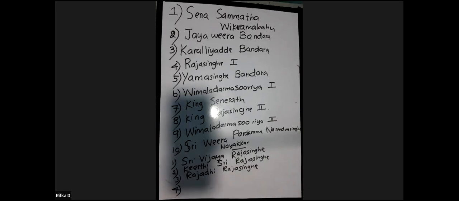And the last king of Sri Lanka, who? Yes, Kannasamy, in the name of Sri Vikrama Rajasinha. So we learned the whole ruling period, from how King Sena Sammata Vikramabahu established the Kandyan kingdom until Sri Vikrama Rajasinha's ruling period, when the Kandyan kingdom fell into the hands of the British.